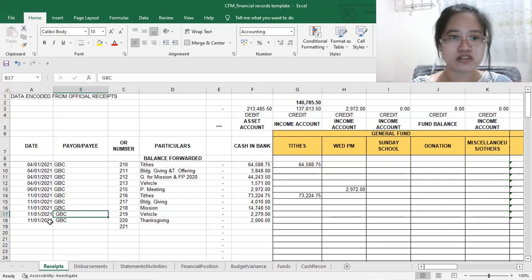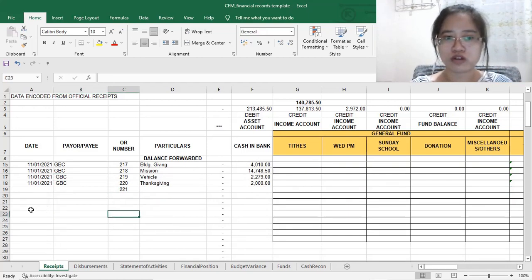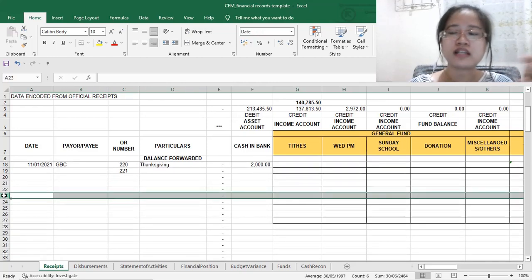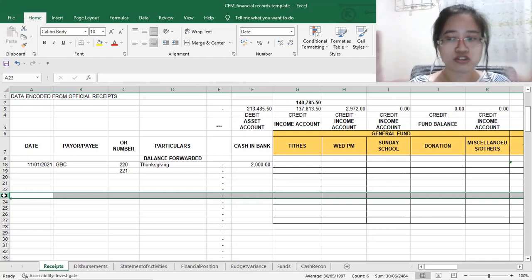On the records, they would look for OR 251, and then they would check if the information encoded on the records is the same as the source document. For sampling, it would depend on the volume of the transactions of the organization. The bigger the company, of course, the bigger the number of the samples.